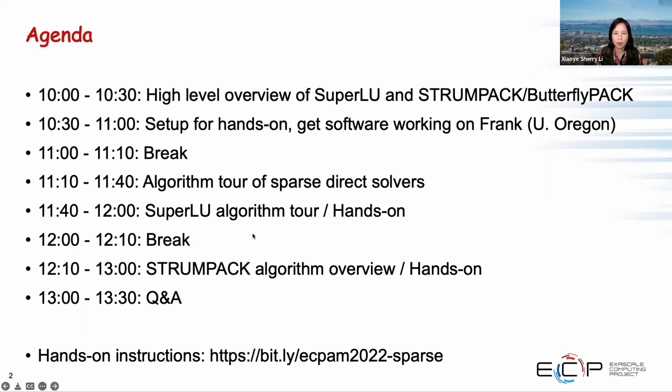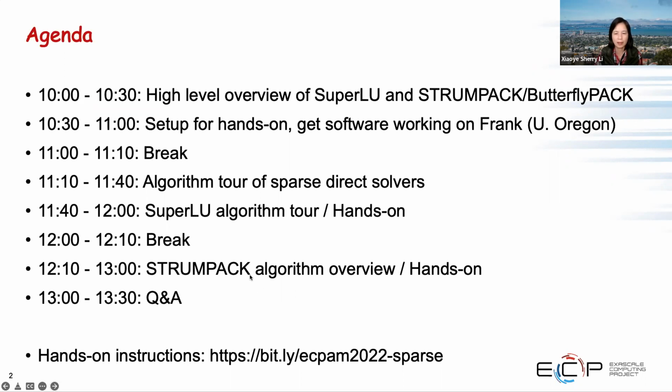So this half an hour is mainly a tour about sparse direct solvers. We'll dive a little bit into the global landscape of how people do it, and what the algorithm components are. Then I'll talk a little more specifically about SuperLU, and then Peter will talk more specifically about STRUMPACK.